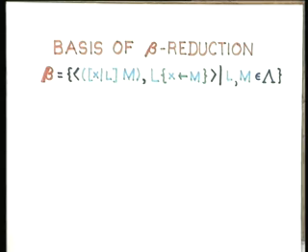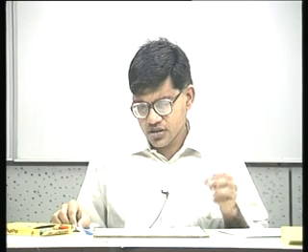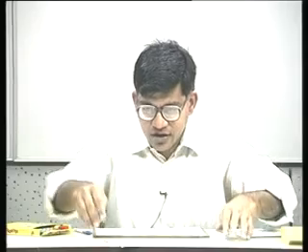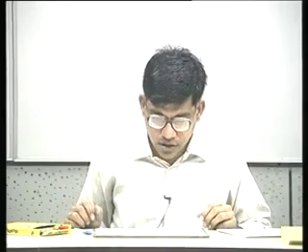The normal terminology is to call it a notion of beta reduction, but since we use the word notion in a very general form, I will call it a basis of beta reduction. Many books will call it a notion of beta reduction.